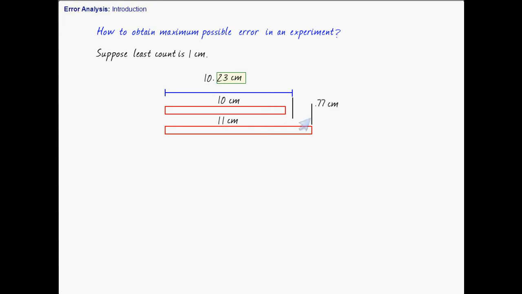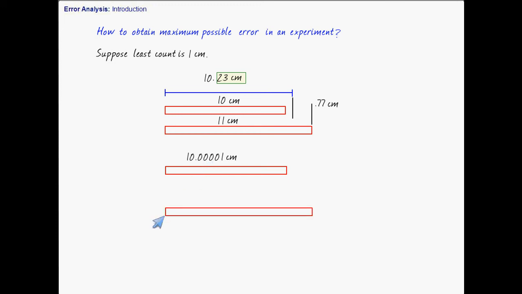Now friends, suppose the actual length is 10.00001 centimeter, and you are measuring the length of the same wire with a scale whose least count is 1 centimeter. Either you will write 11 centimeter or you will write 10 centimeter.